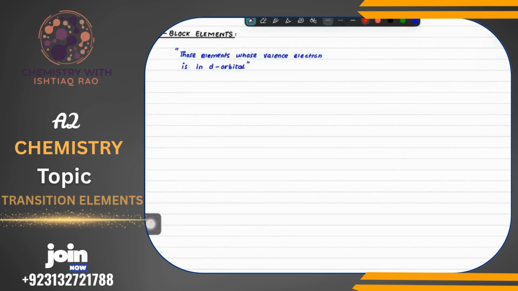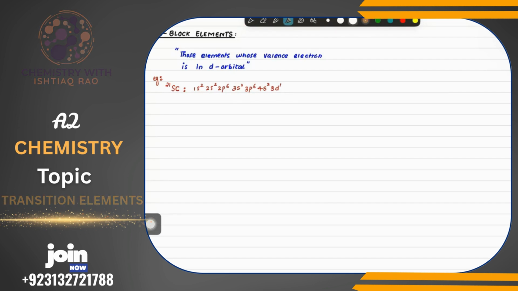Like I told you, take scandium, whose proton number is 21: 1s2, 2s2, 2p6, 3s2, 3p6, 4s2, then 3d1.